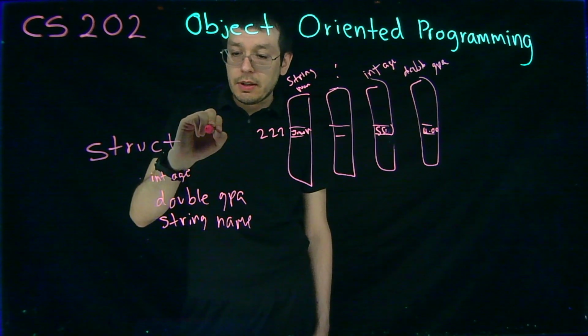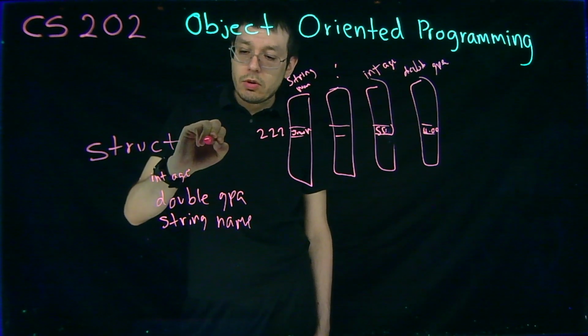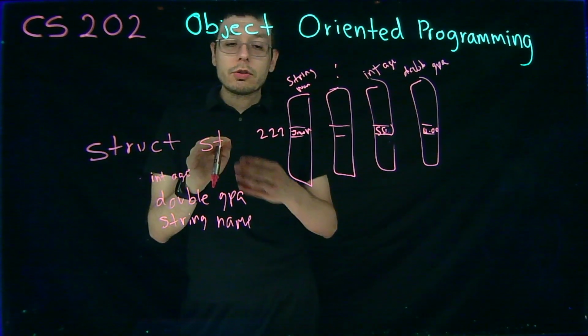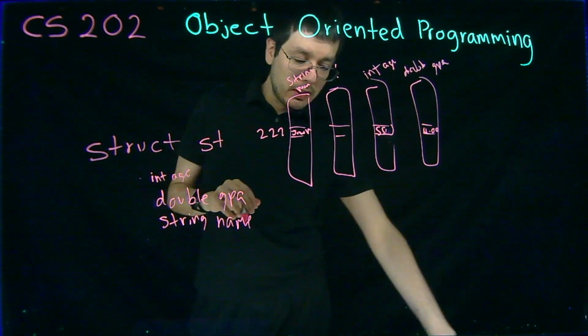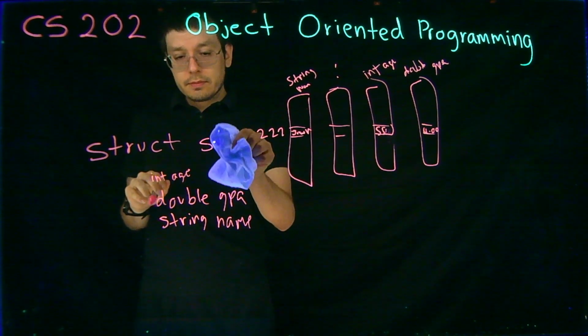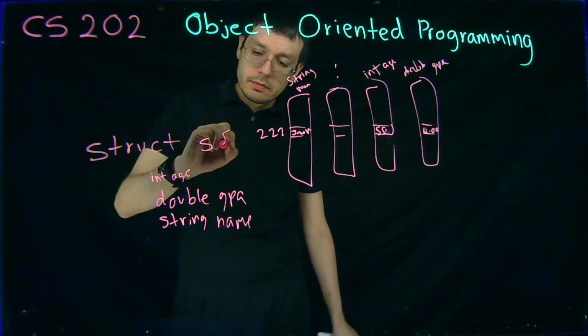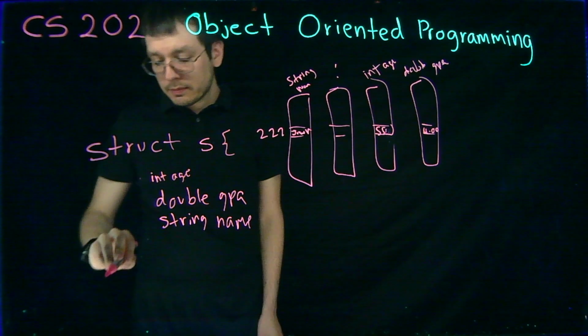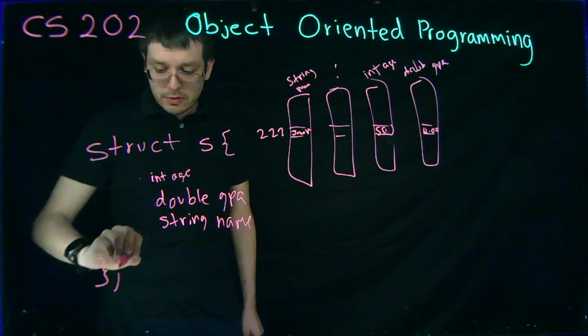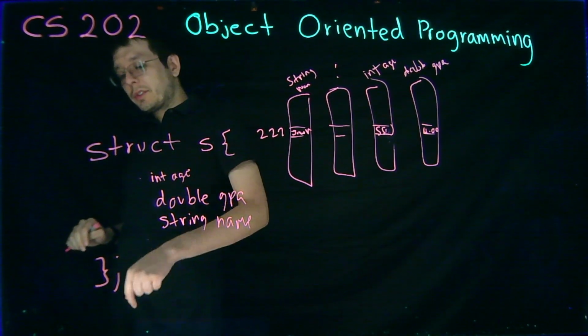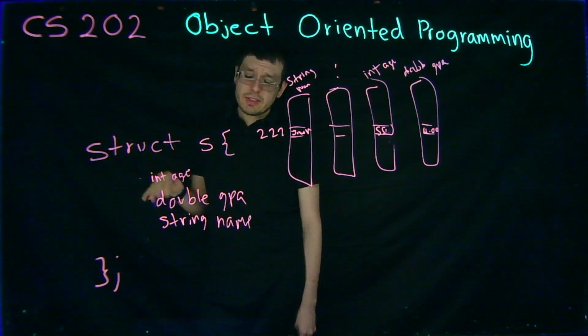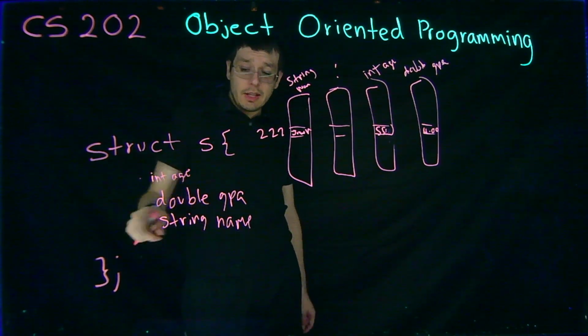So we can do something like struct. I would call it student, but I'm out of space here, so I'm just going to call it S. And then you have an opening bracket, kind of K&R, my own version of it, and a semicolon, right? The semicolon is kind of tricky, because with functions and things like that, it doesn't have that semicolon there, but classes or structs do.